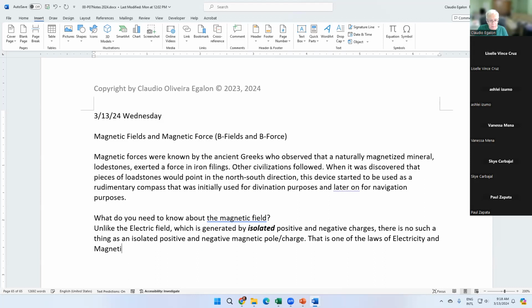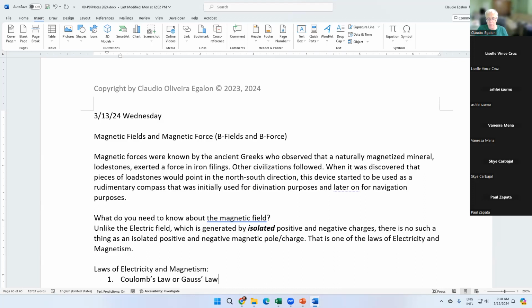So far we have been talking about only two laws of electricity and magnetism. One, Coulomb's law or Gauss's law. They're the same law. It's just that they're formulated in a different mathematical fashion.